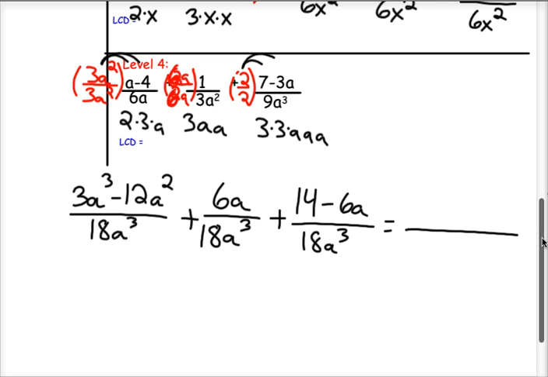Now that we have our common denominator, that 18a cubed is going to stay. And now I'm just going to combine my like terms. So I have 3a cubed, and there's no other a cubes on top. I have a minus 12a squared, and notice there's no other a squareds on top. 6a minus 6a actually ends up canceling itself, and then plus 14.